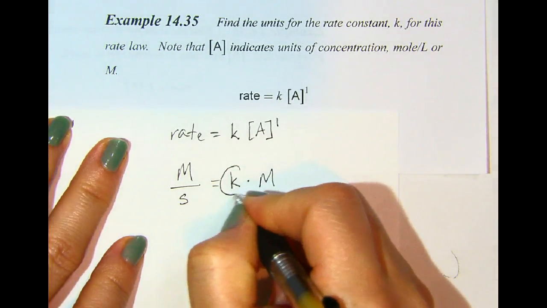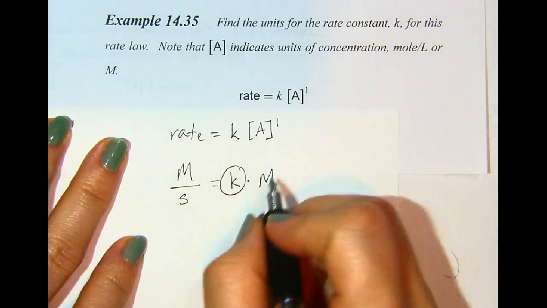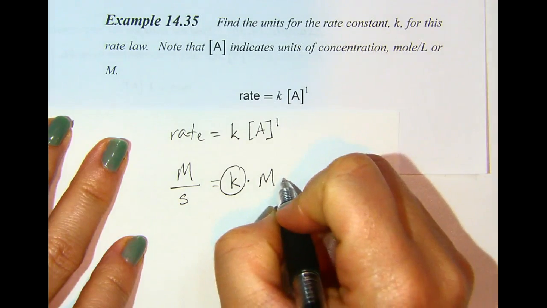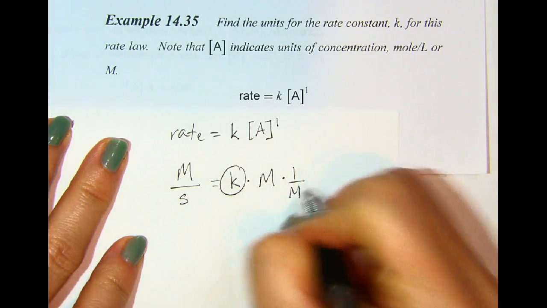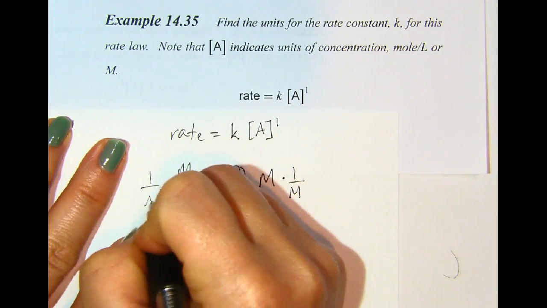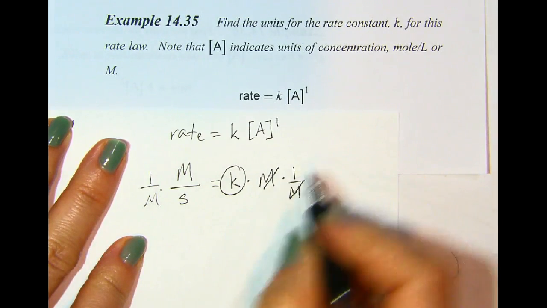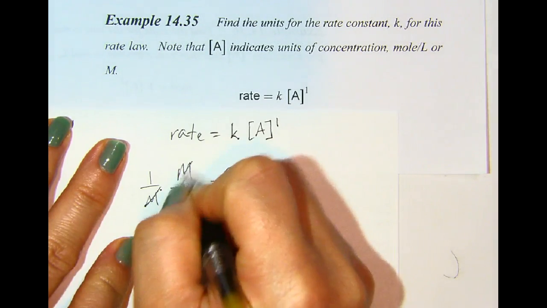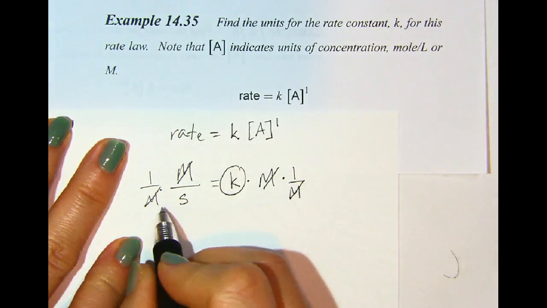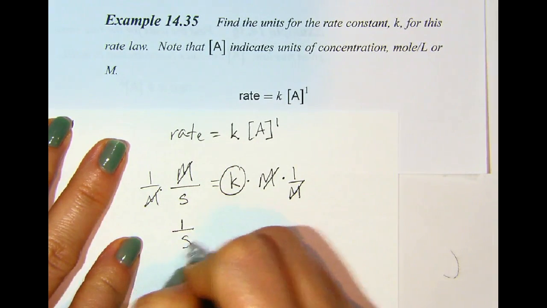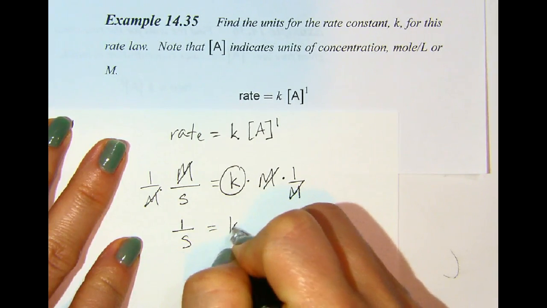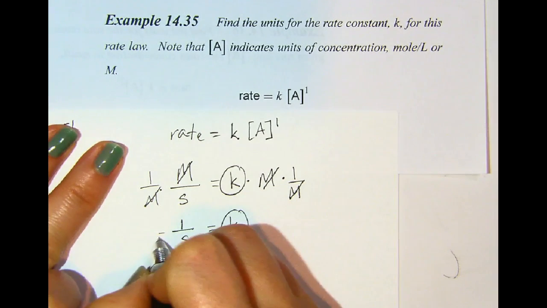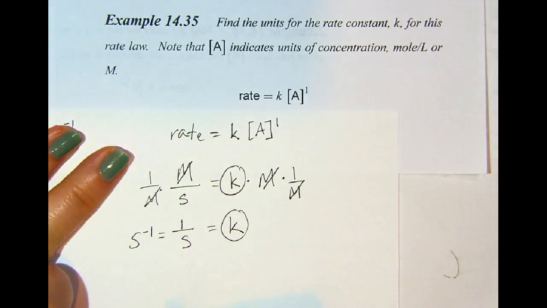What I want to solve for is K. So I'll multiply both sides of the equation by 1 over M. This will cancel out molarity on this side, and over here the molarity also cancels, and so what you're left with is 1 over s is equal to the rate constant, which is the same thing as saying s to the -1. And so that would be the unit of K in this example.